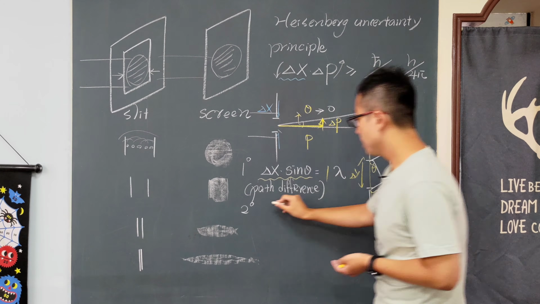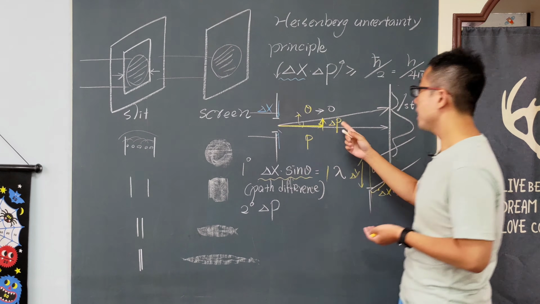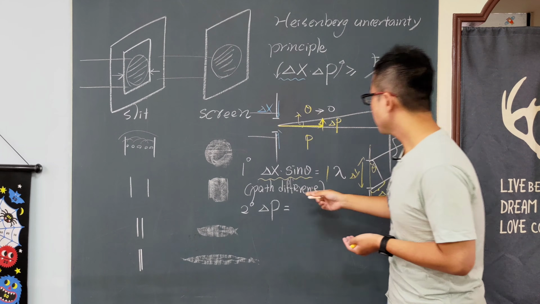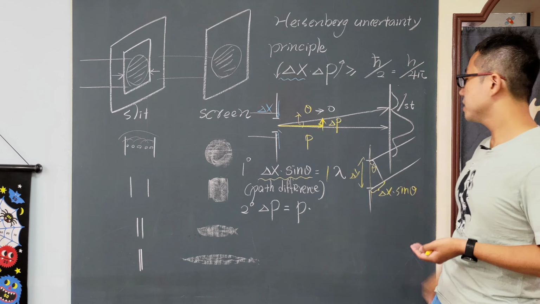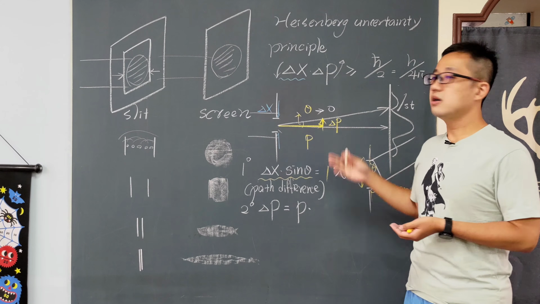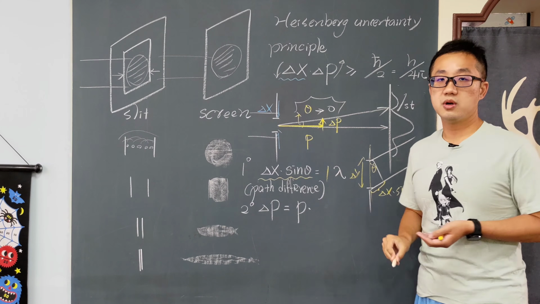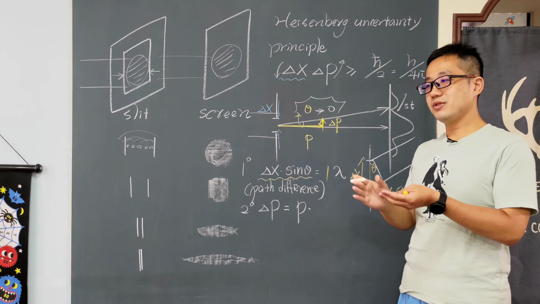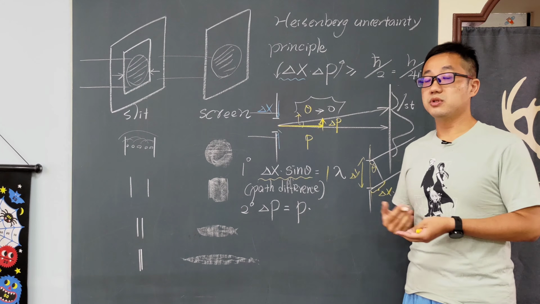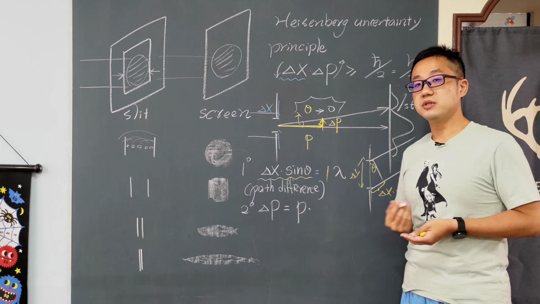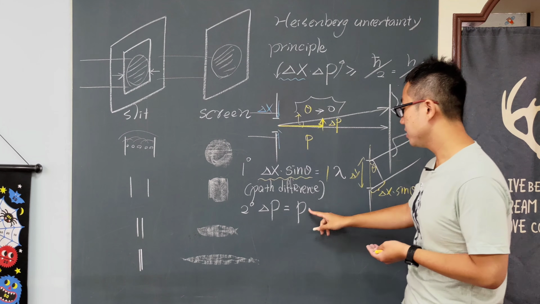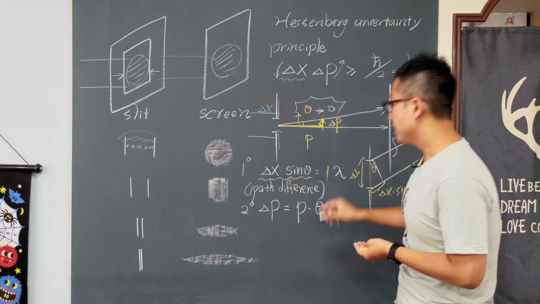According to the diagram, the delta p can be expressed as p times tangent or sine or even theta. When the theta is really small, the sine and tangent are nearly equal to each other and even equal to theta. So the delta p can be written as p times theta.